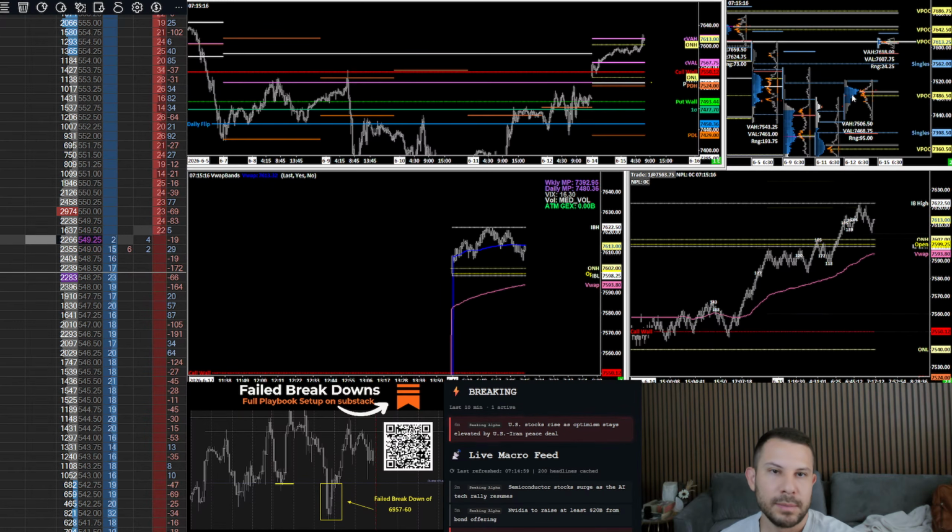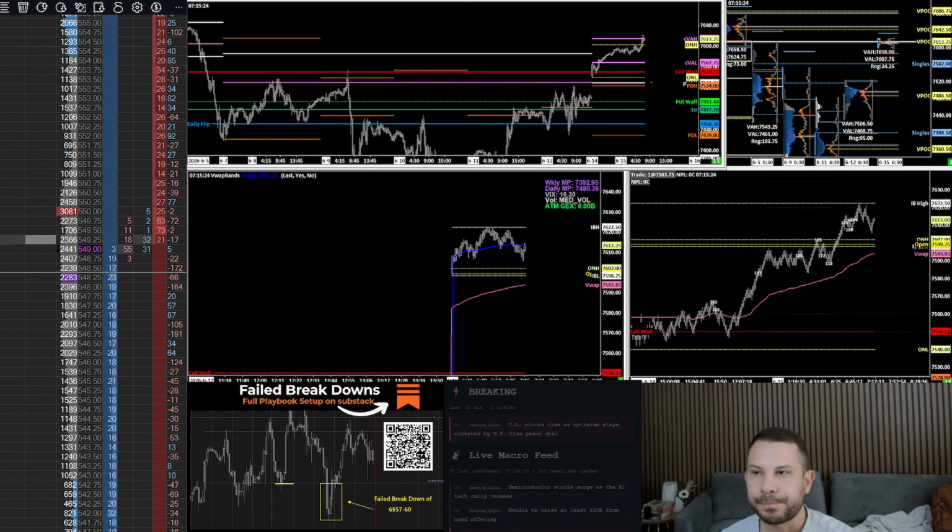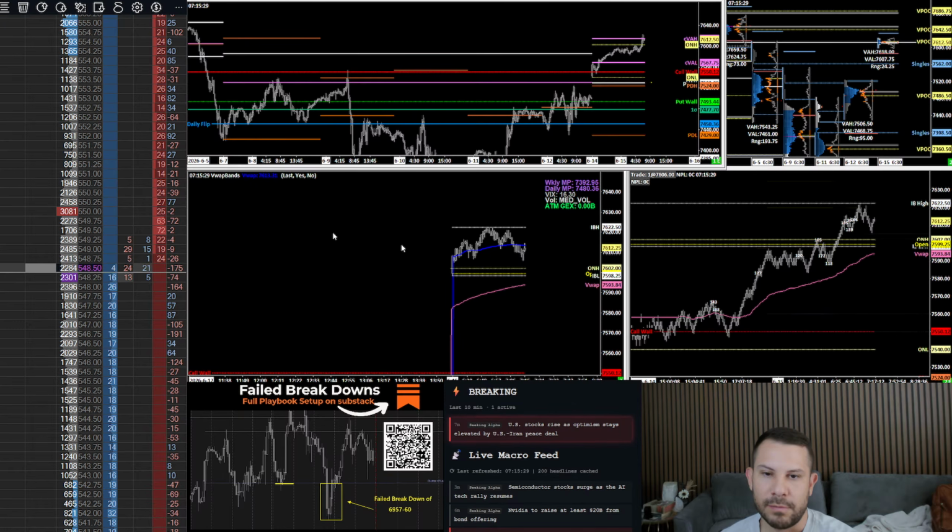We're back at VWAP. I'm just being very patient today. I'm not in a rush. Yeah, the main area is just really for me the VWAP of the full session and IB low, which are in alignment right now. We'll see what happens.